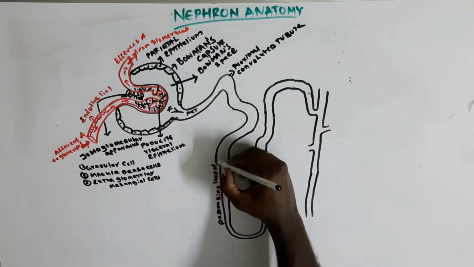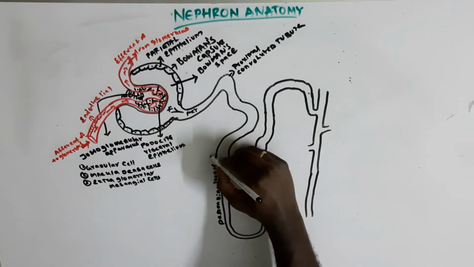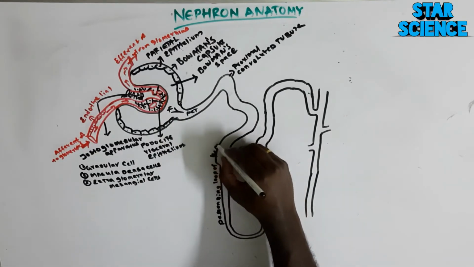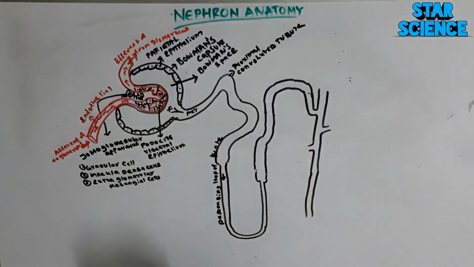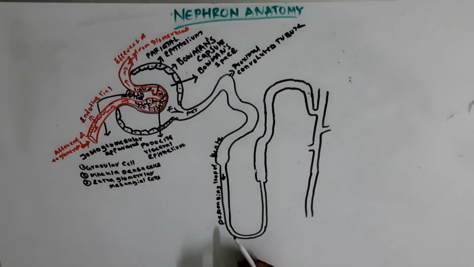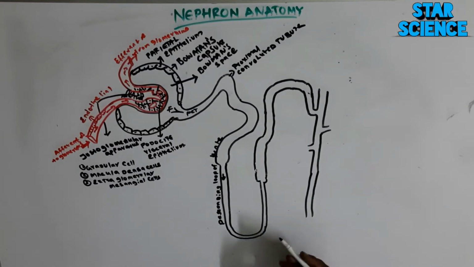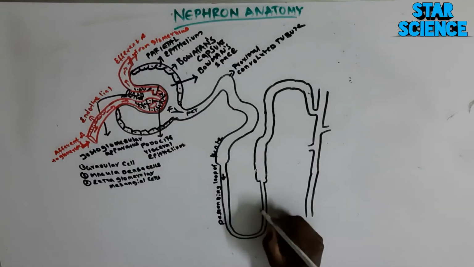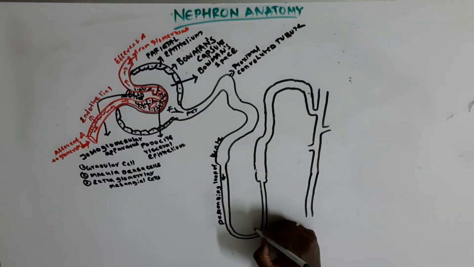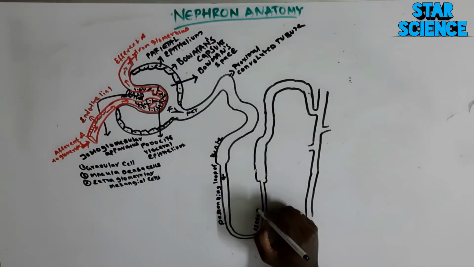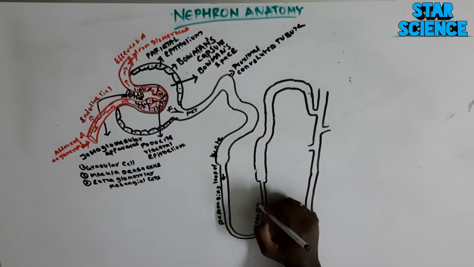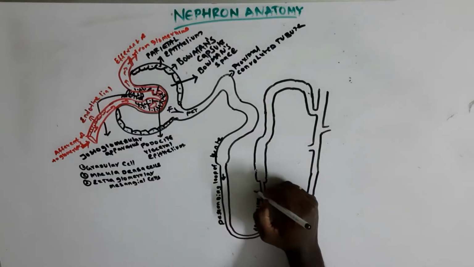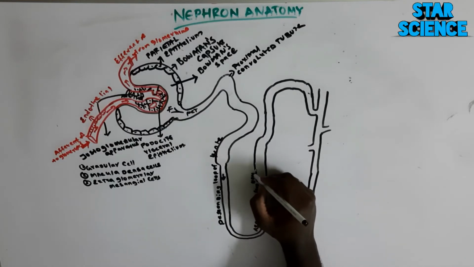And this is the descending loop of Henle, and the filtered content passed from the PCT, the proximal convoluted tubule, will flow to the descending loop of Henle, turn over, and from here it is the ascending loop of Henle. So the waste filtered from the blood in glomerular filtration has now reached the ascending loop of Henle.